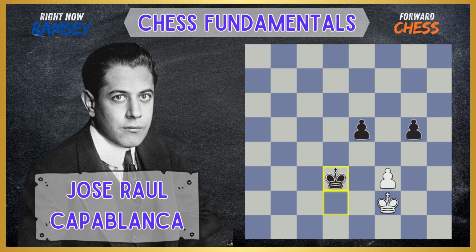On the other hand, after the text move, if King h1, King d2, King h2, King d3, King h3, King e2, King g2, King e3, King g3, King d4, King g4.